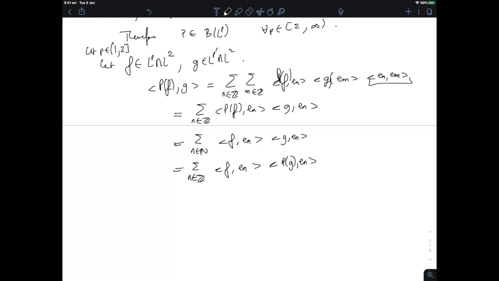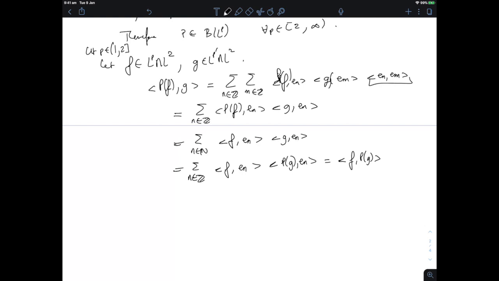Because that also is equal to g(n) whenever n is in N, and equal to 0 whenever n is negative. So by the same reasoning, that is equal to ⟨f, Pg⟩. So I've just proven here that on L2, P is a self-adjoint operator.